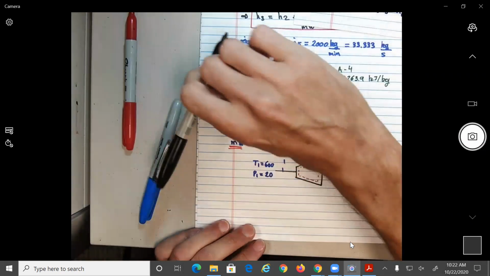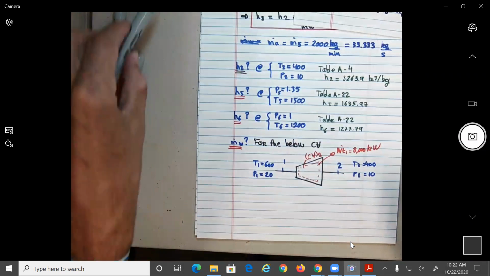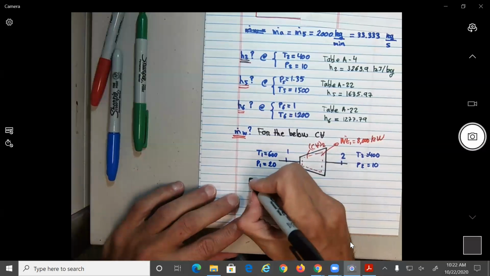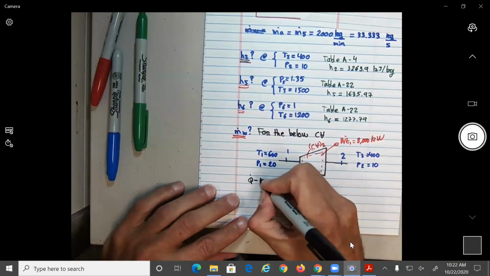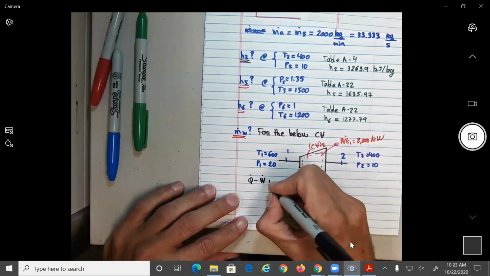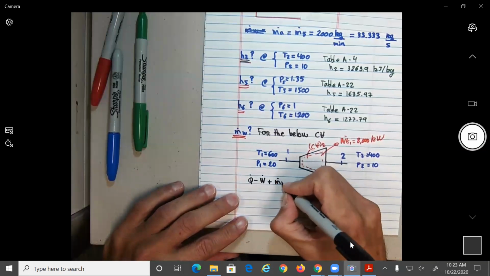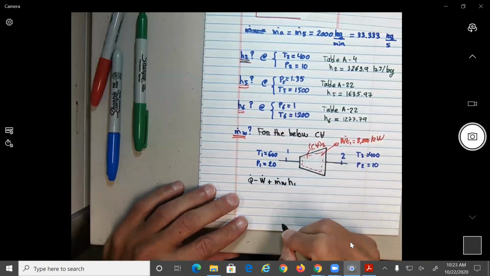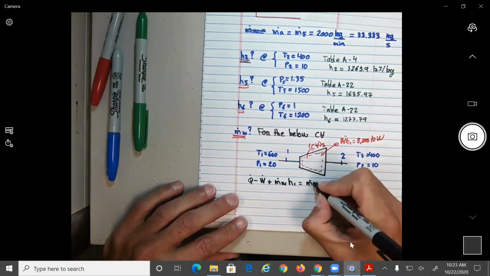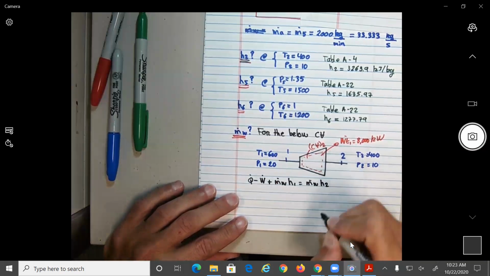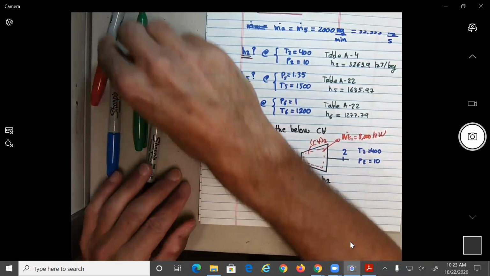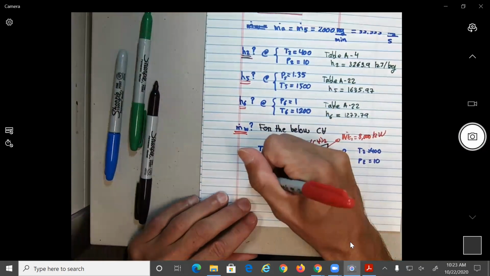Okay? So if we apply the first principle of thermodynamics to this control volume, what do we get? It's the same equation, Q dot minus power turbine 1 plus what? M of the water H1 is coming in, will be equal to the mass flow of the water coming out. Okay? So this system is insulated. So what does that mean?